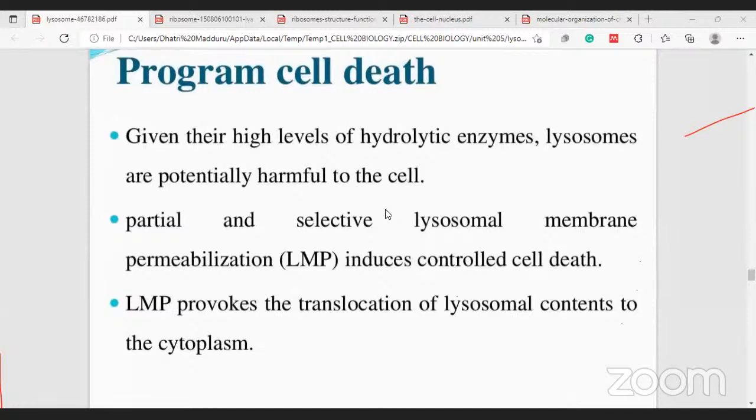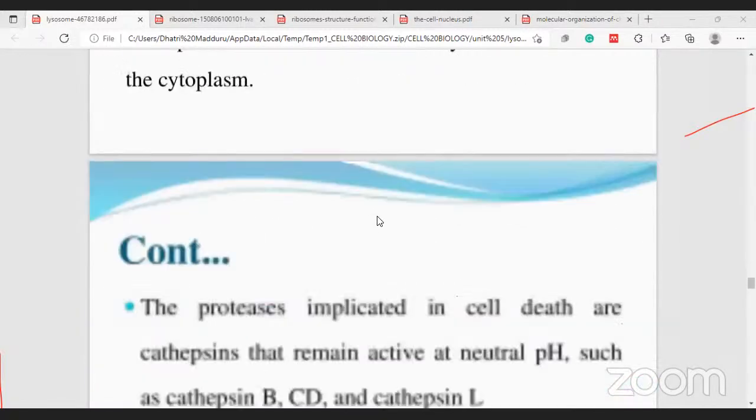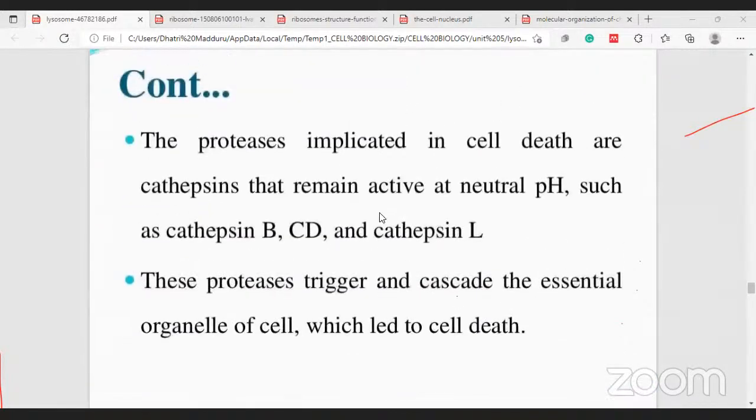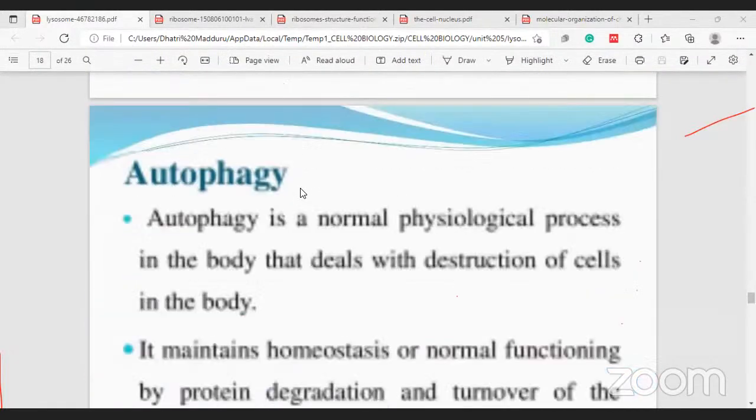Slowly it releases some of the enzymes to the cytoplasm so that it slowly degrades the cell. The proteases implicated in cell death are cathepsins. They remain active at neutral pH. Examples are cathepsin B, cathepsin C, cathepsin D, cathepsin L. They trigger a cascade in the essential organelles of the cell, which finally leads to cell death.